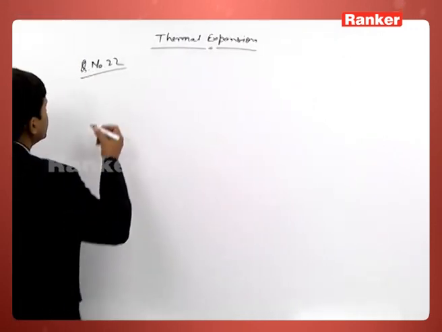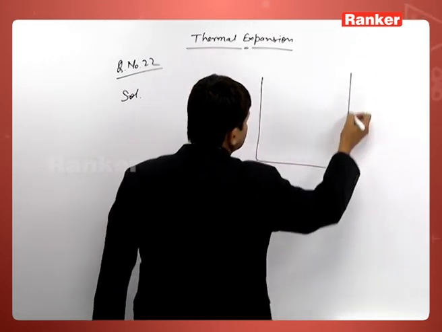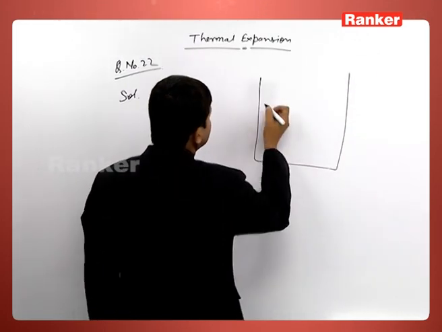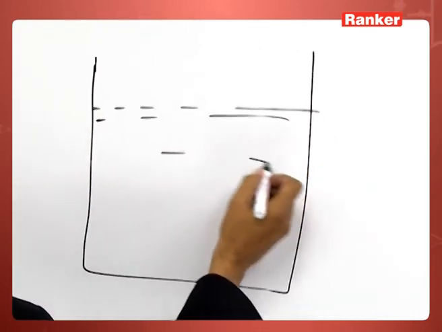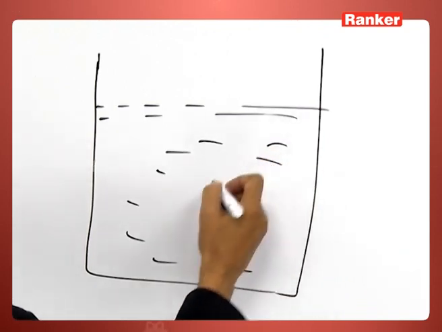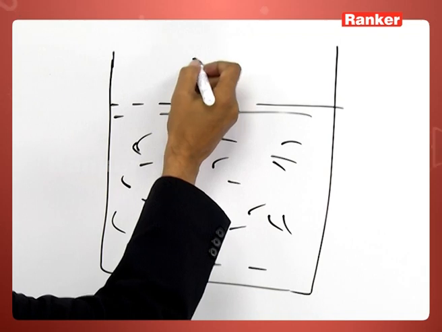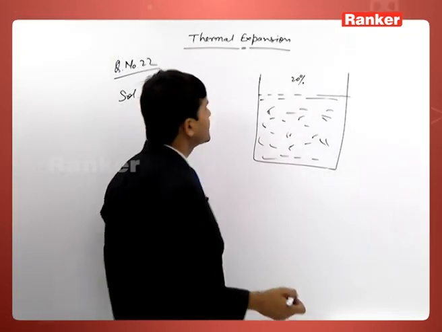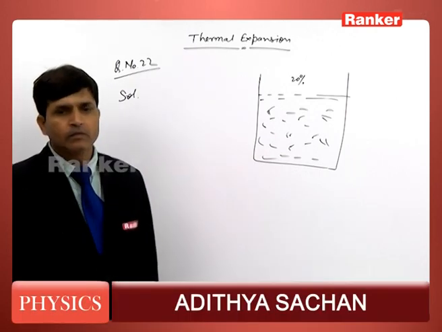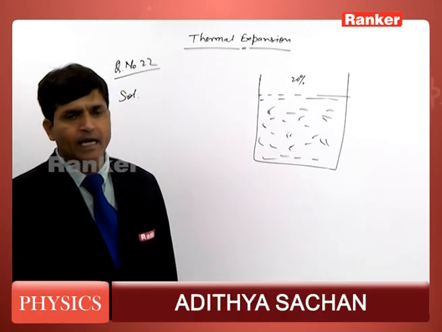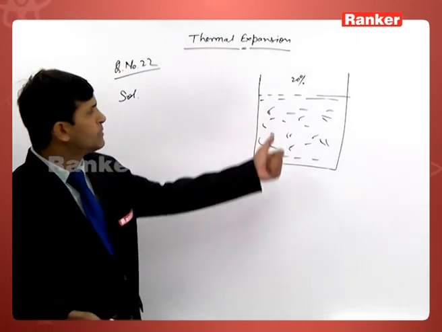See, let this be your vessel, and here it is given that 20% of the vessel volume is empty. This is your 20%, and in the remaining 80% the liquid is there. What they are saying is that on heating, at all temperatures, the empty space above the liquid surface remains the same.